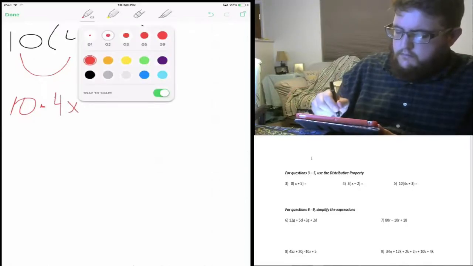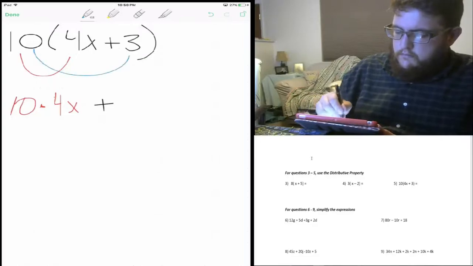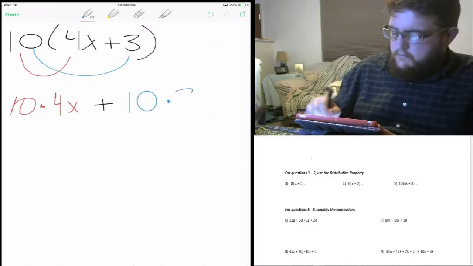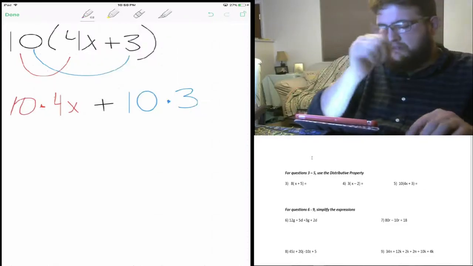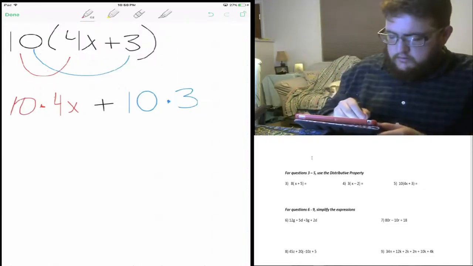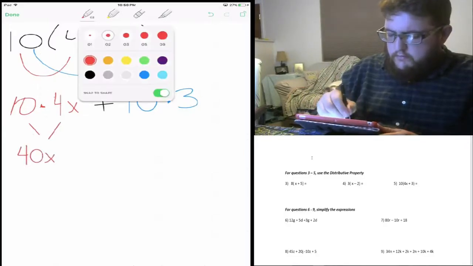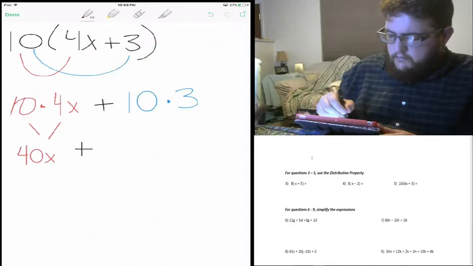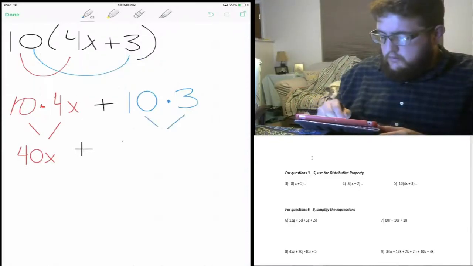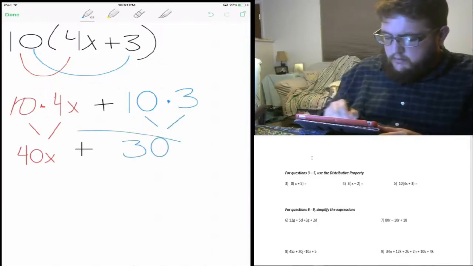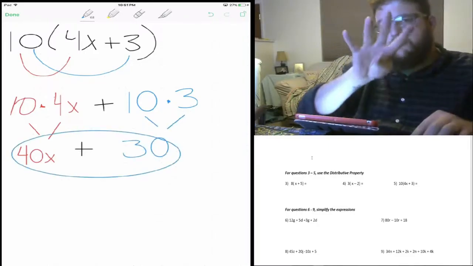And we will add that to the product of 10 and 3 as we distribute our 10 to our 3. 10 times 4x is 40x. And we will add that to the product of 10 and 3. And 10 times 3 is 30. So our answer is 40x plus 30.